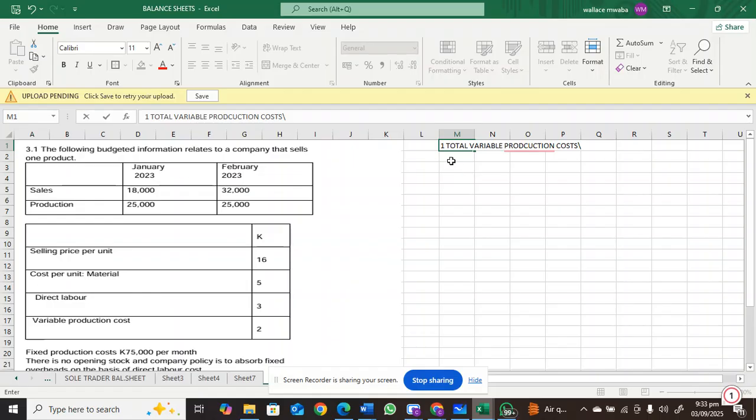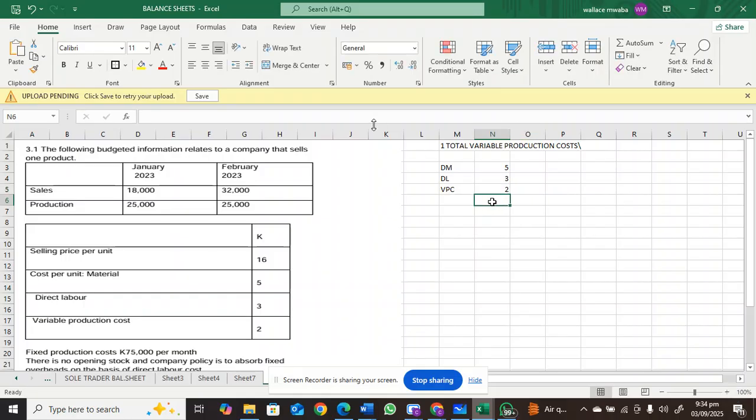So we have direct materials, DM, 5 kwacha, direct labor, DL, 3 kwacha, variable production cost, VPC, 2 kwacha.